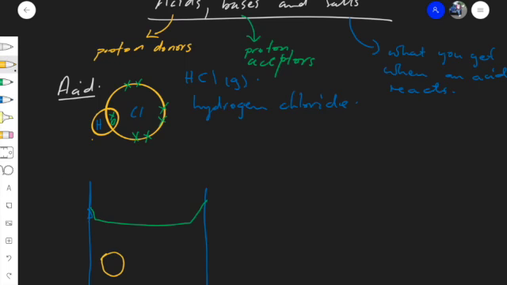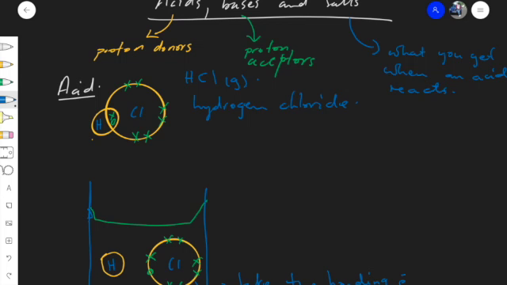So this is your chlorine, and your hydrogen. What happens is that your chlorine will take both the bonding electrons, and your hydrogen is left without any electrons.